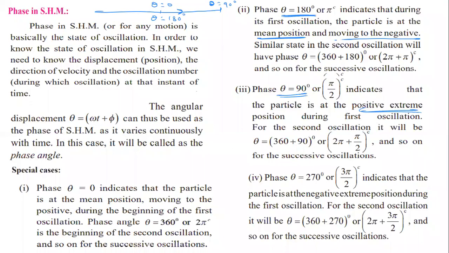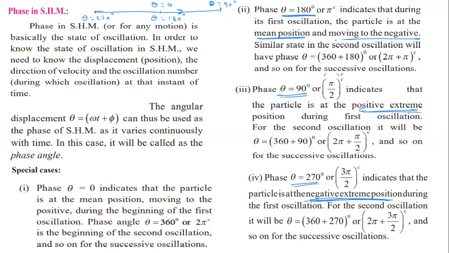Now it is moving to this side, and when it reaches this negative extremity, theta is equal to 180 plus 90, which is 270 degree. 270 means it is at the negative extreme position. This is case number 4.